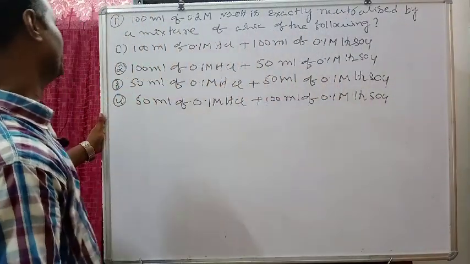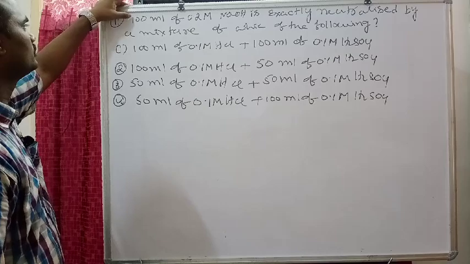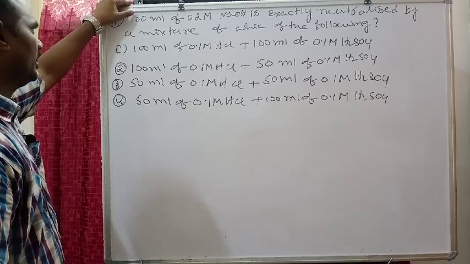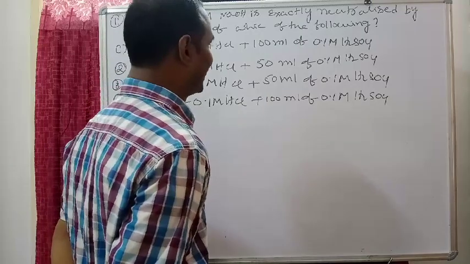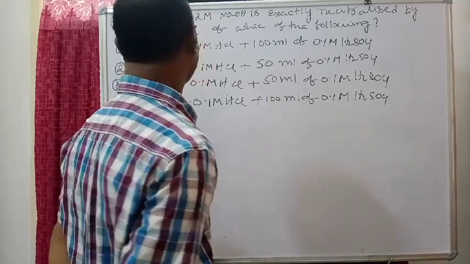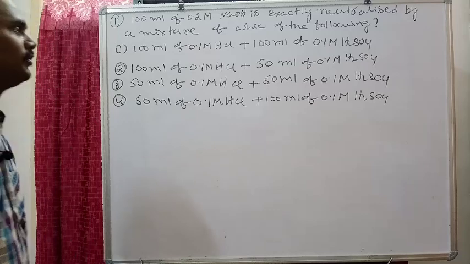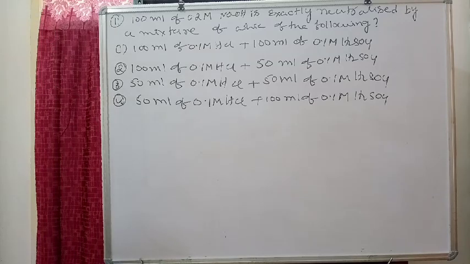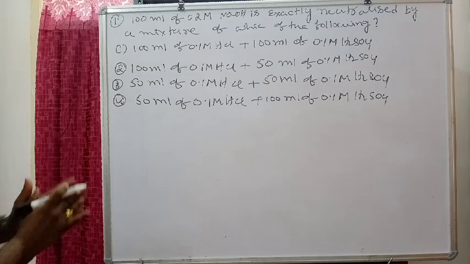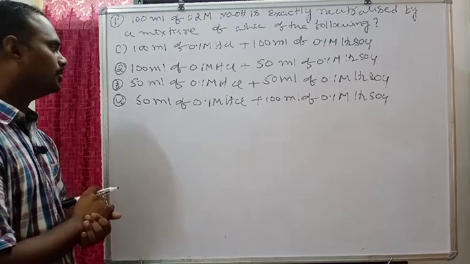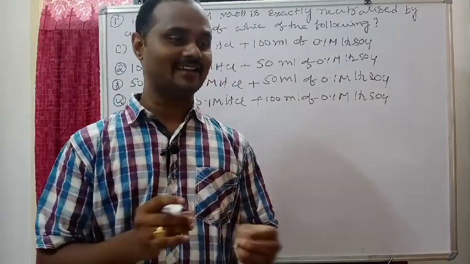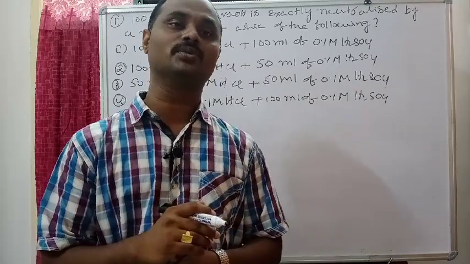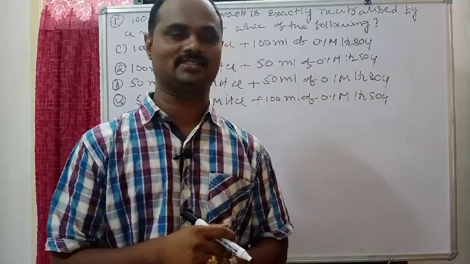Sir, look at this problem. 100 ml of 0.2 M NaOH solution is exactly neutralized by a mixture of which of the following. This is a neutralization reaction based problem. You know, neutralization based problems we should tell with respect to gram equivalents.